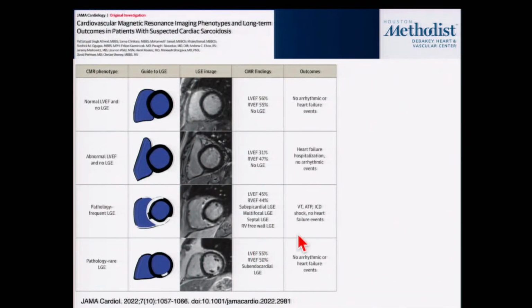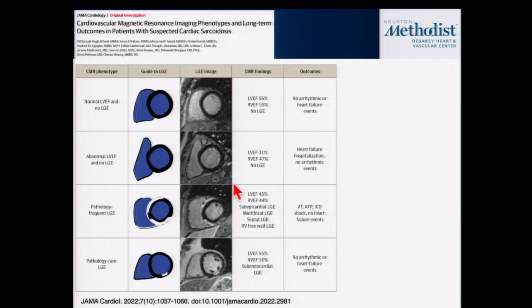And then I think importantly, the other question comes down to: if you have a patient with known sarcoidosis and you see abnormalities on your LGE, what abnormalities are suggestive of a high likelihood of cardiac involvement and, importantly, worse outcomes?